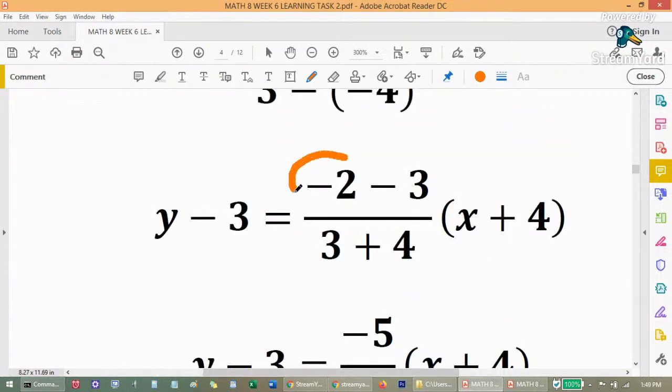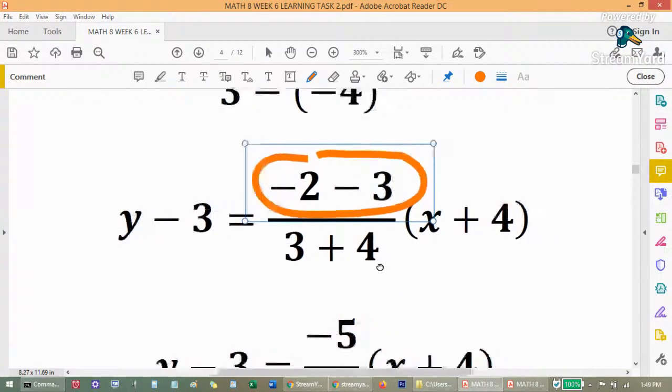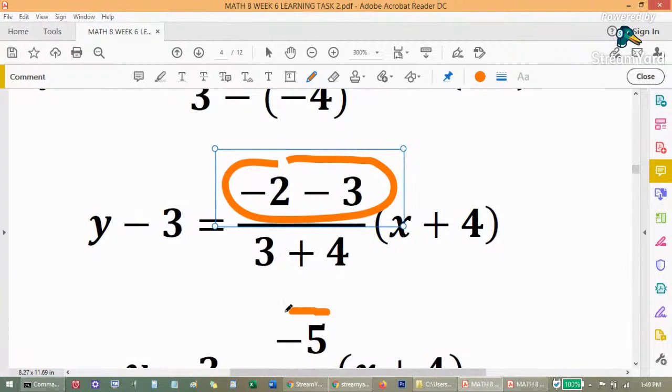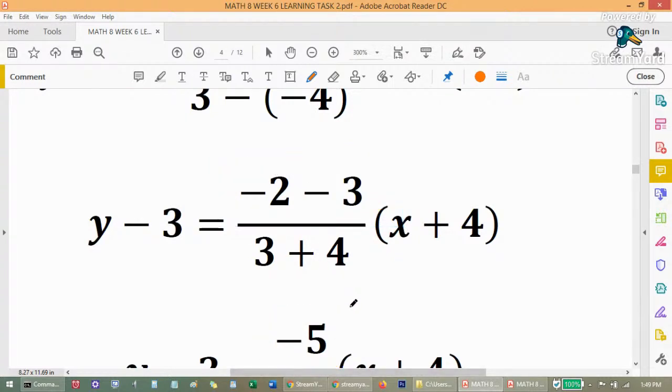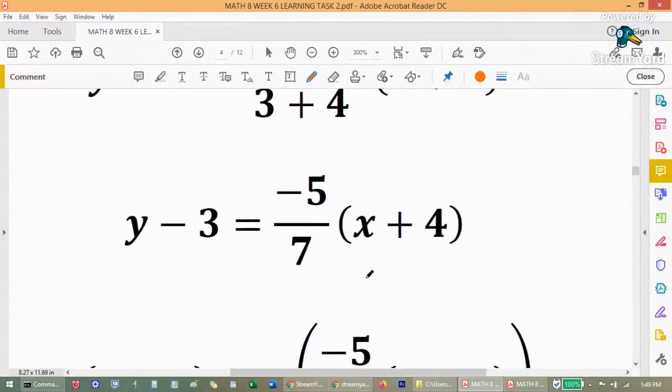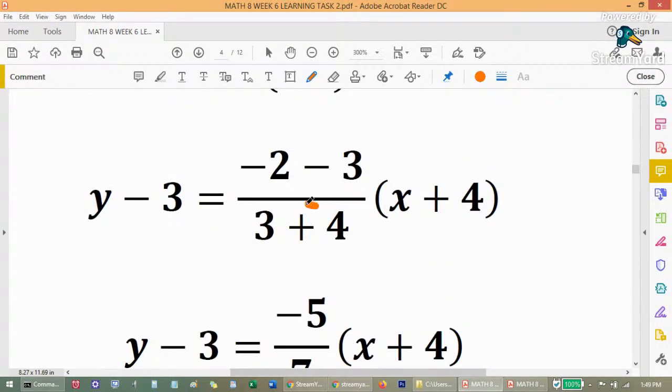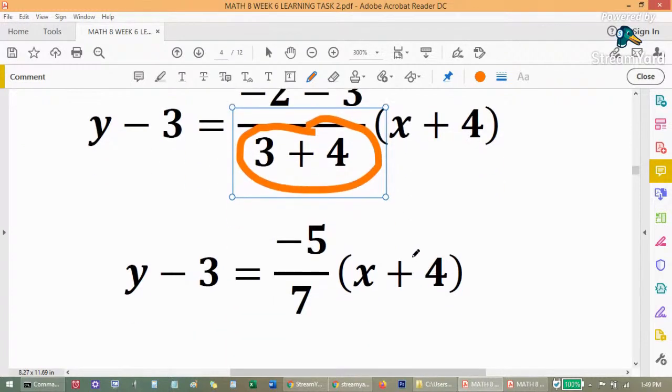Negative 2 and negative 3, pareho silang negative, magiging silang negative 5. No? Pinagsama natin sila. Negative 2 plus negative 3 is negative 5 na total. Ito naman sa baba is 3 plus 4, dalawang positive number. 3 plus 4 is 7. Okay?